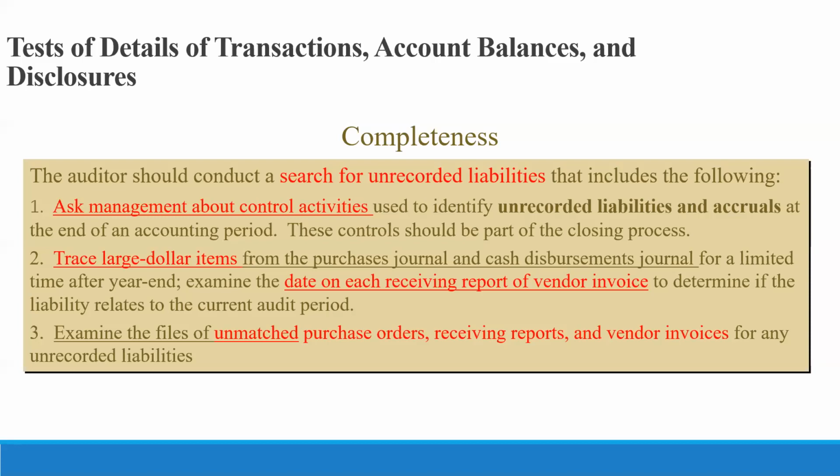That is to do the tracing, trace the items from the purchase journal and then to the cash disbursement journal. In this way, you are trying to ensure all the purchase items are finally paid. So all the purchase transactions are recorded and finally paid.